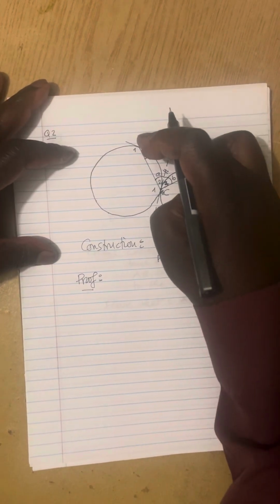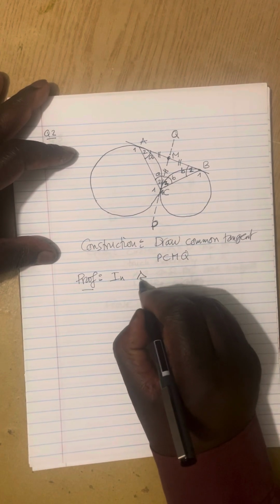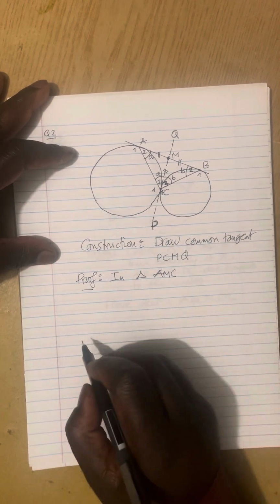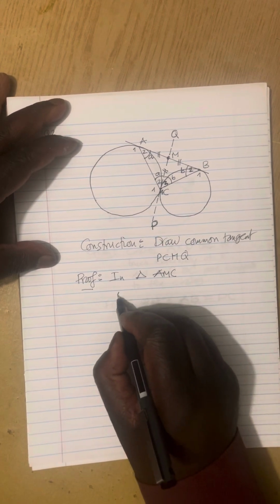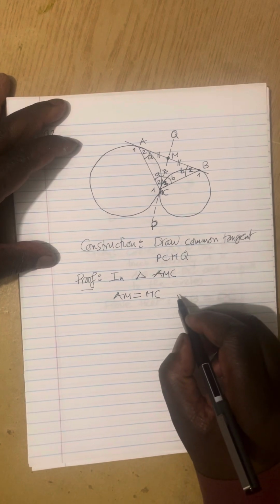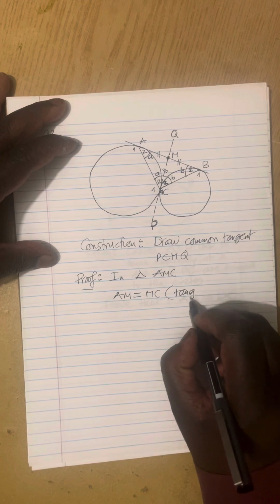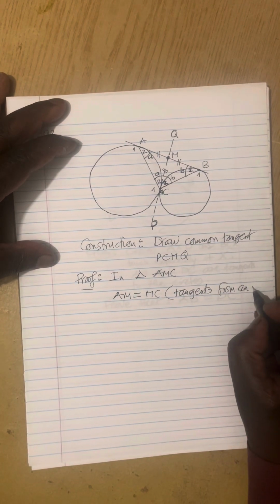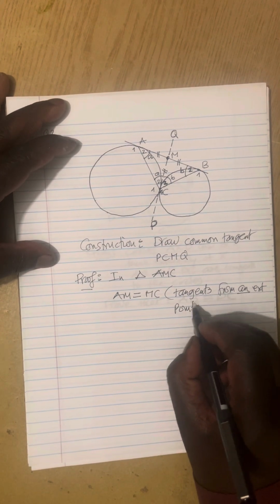So let's look at triangle AMC. In triangle AMC, what do we know about that? What we know is that AM is equal to MC. Why are those equal? Because they are tangents from the same external point.